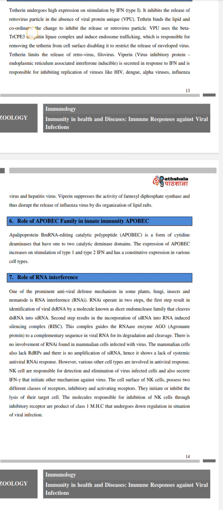Role of RNA interference. One of the prominent antiviral defense mechanisms in some plants, fungi, insects, and nematodes is RNA interference. RNAi operates in two steps. The first step results in identification of viral dsRNA by a molecule known as the Dicer endonuclease family that cleaves dsRNA into siRNA.